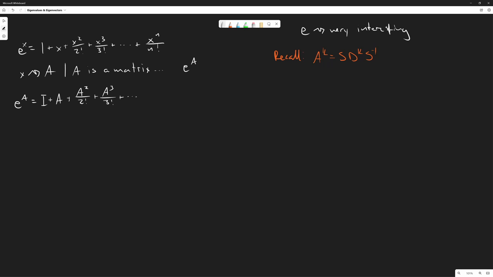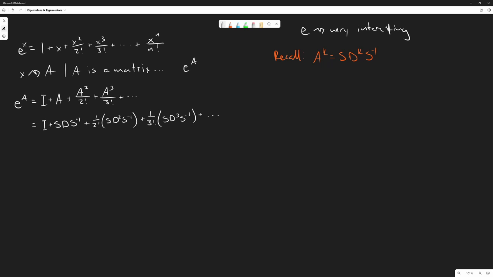When we substitute that in, we get I plus S D S inverse plus 1 over 2 factorial S D squared S inverse plus 1 over 3 factorial S D cubed S inverse, and so on and so forth.